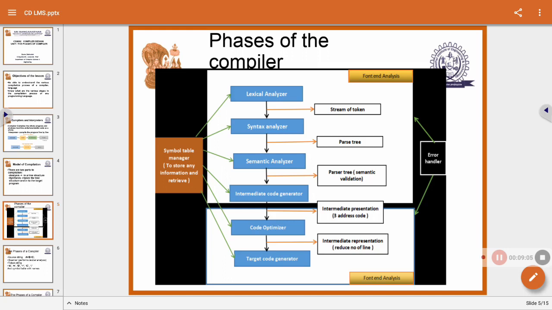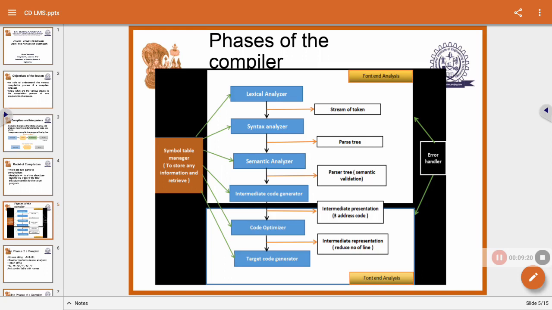Now see, each phase does its own functionality. So we see what happens with an expression. The lexical analyzer will take the expression and split it into a number of tokens.